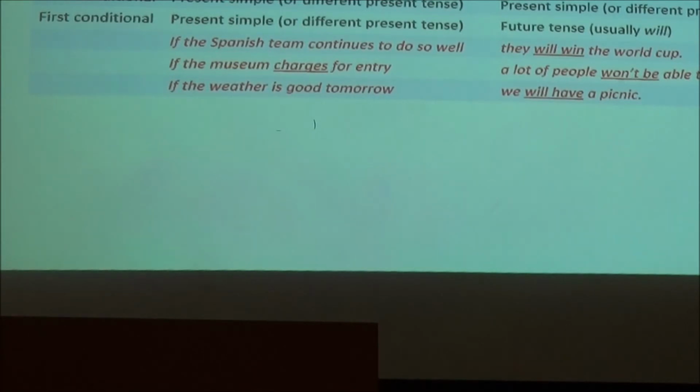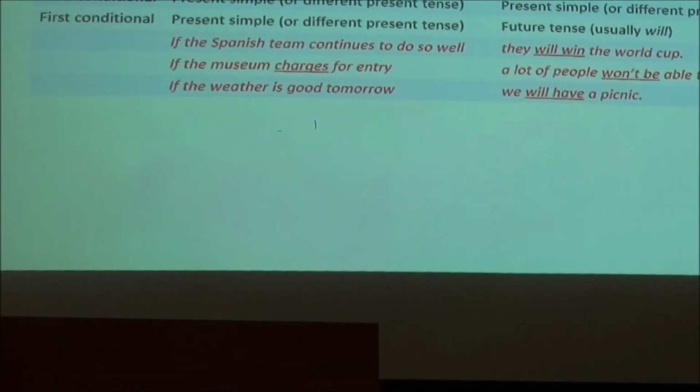So you can group conditionals according to how possible, how likely something is going to happen. You can also group them in terms of form. Present simple, or present simple and future. Which is actually an easier way to group the conditionals.